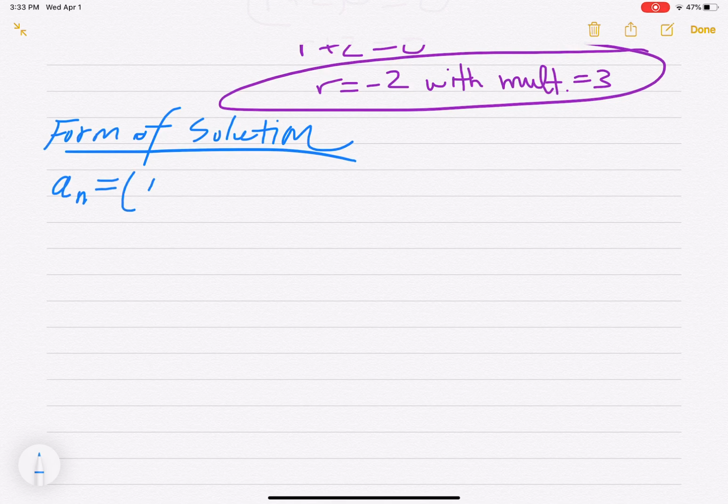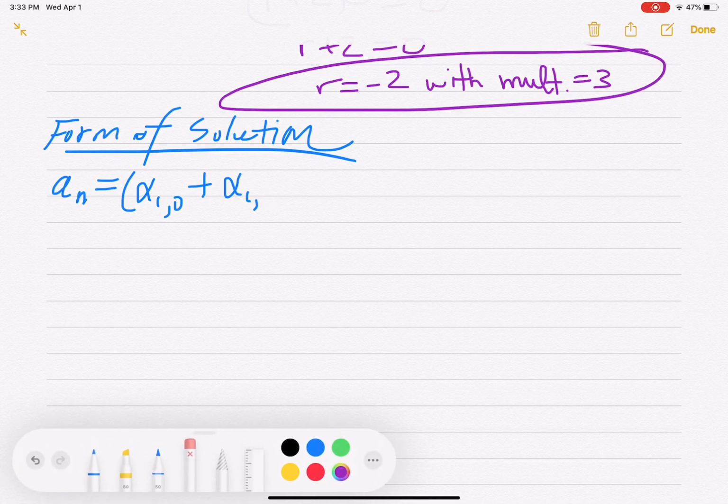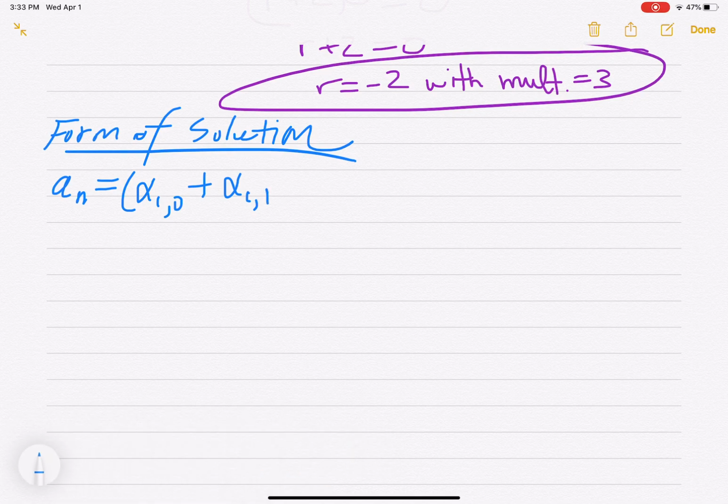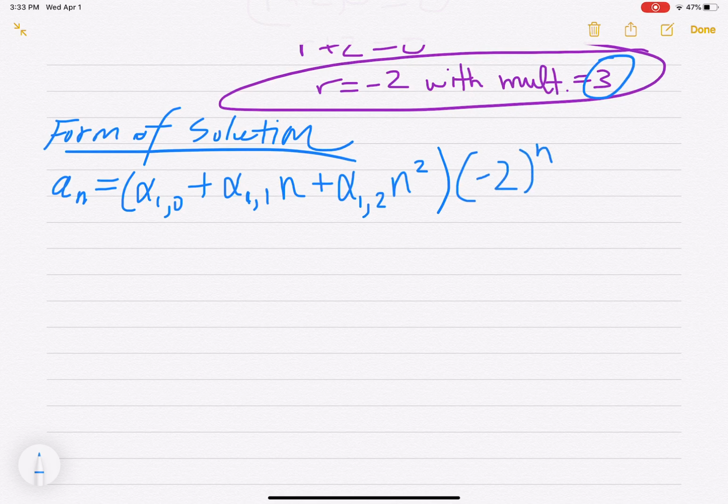We're going to start with alpha sub 1,0 plus alpha sub 1,1 n to the 1, plus alpha sub 1,2. You've got to count up 0, 1, and then n squared, and we stop at the square, right? Because the square is 1 less than the multiplicity 3. So we stop there, and then you remember your root, which is negative 2 to the n power. All right, so that's the form of the solution.